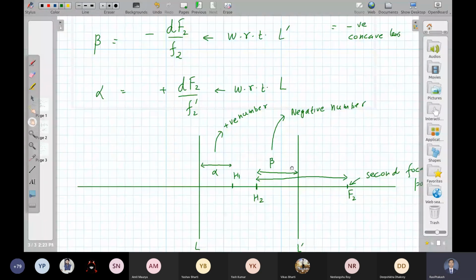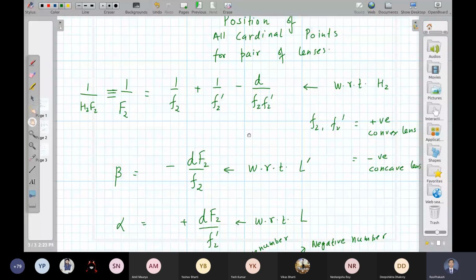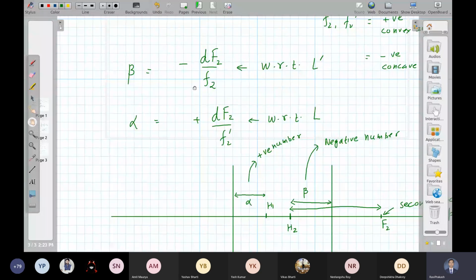Where is first focal point? First focal length कितना होगा पहले तो ये बताइए. Now there are two answers for first focal length. First focal length कितनी होती है?